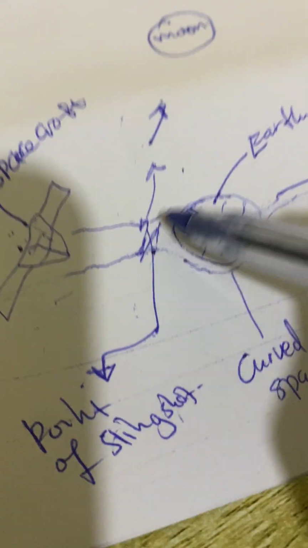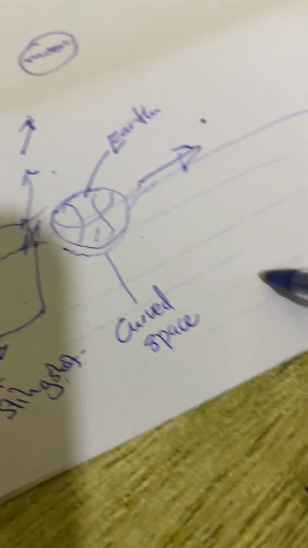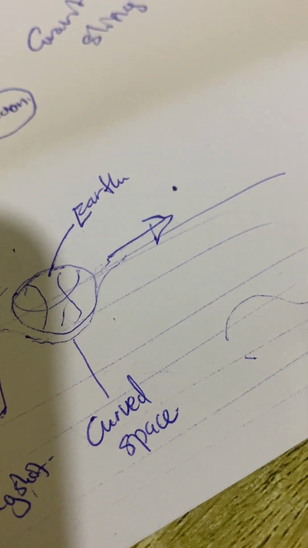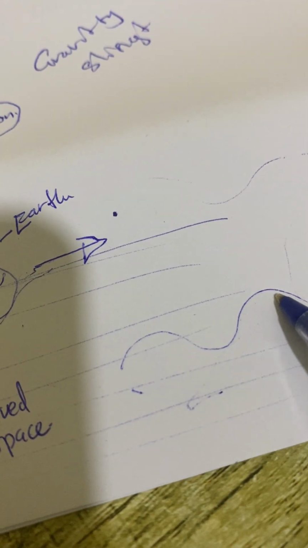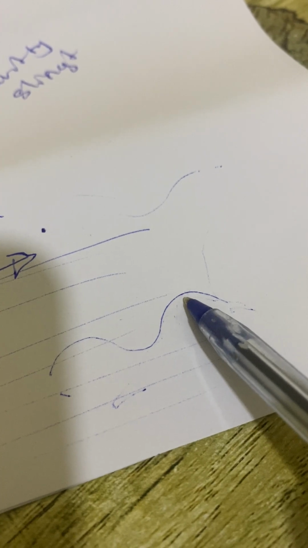If you can remember, this is how waves are. So you time it that as this ripple is coming up, as Earth now is heading towards this side, it will create this sort of protruding part.